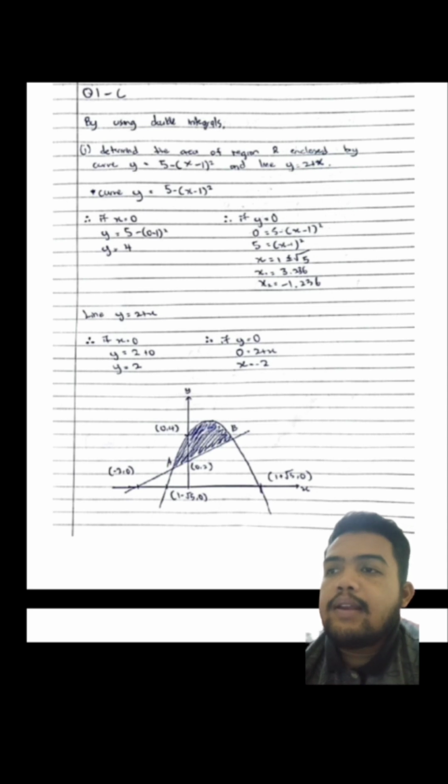So let the line be y equal to 2 plus x. If x is 0, just substitute that, so y equal to 2. If y equal to 0, automatically x equal to negative 2.